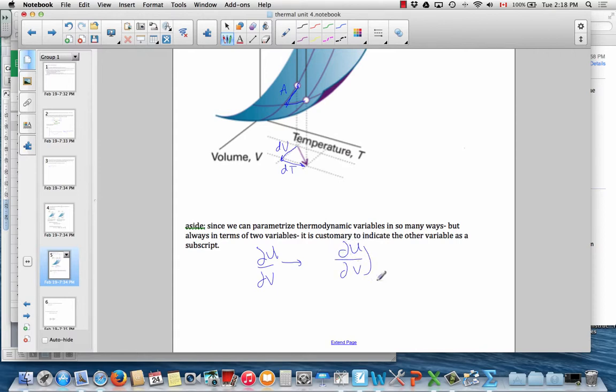So we'll write it as a little T there to indicate that we're dealing with u as a function of volume and temperature, and then its rate of change with respect to volume at constant temperature.